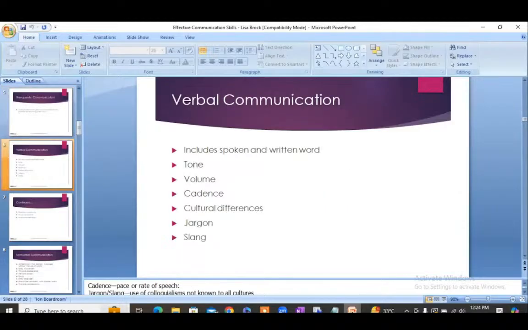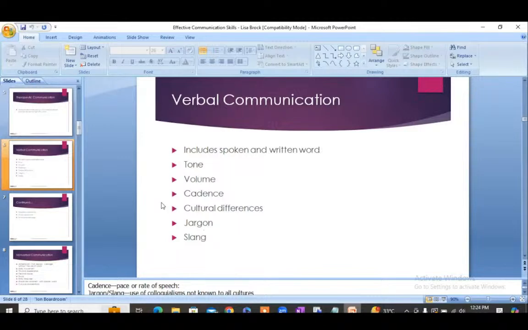Next, we have verbal communication, which is a very important and very interesting concept. We're going to talk about verbal communication right now. They have mentioned a few bullet points, including spoken and written words, tone, volume, cadence, cultural differences, jargon and slang. All these things are part of verbal communication. What is verbal communication?